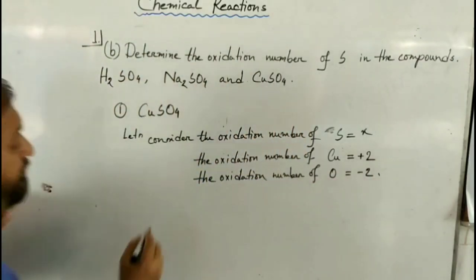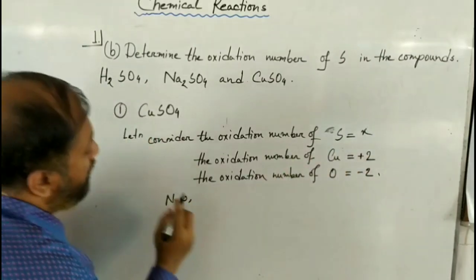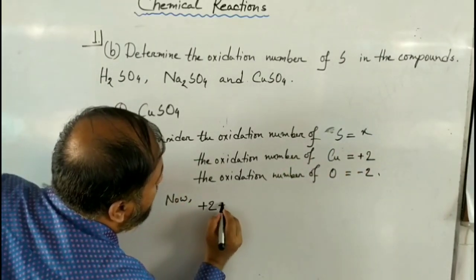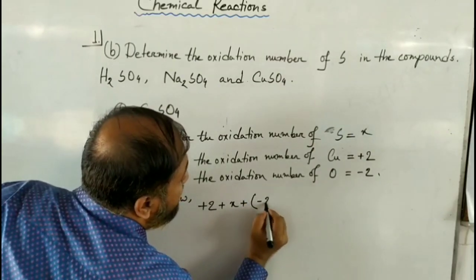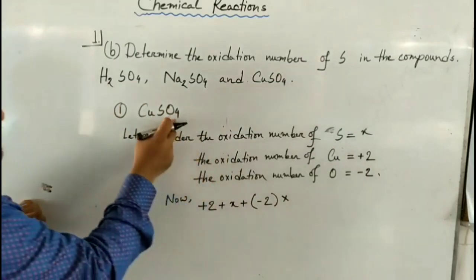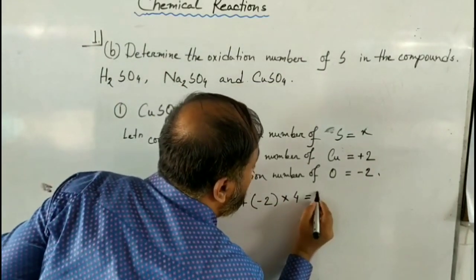In a similar way, copper is +2 plus X plus the oxidation number of oxygen is -2, and the total number of oxygen present in this compound is 4.